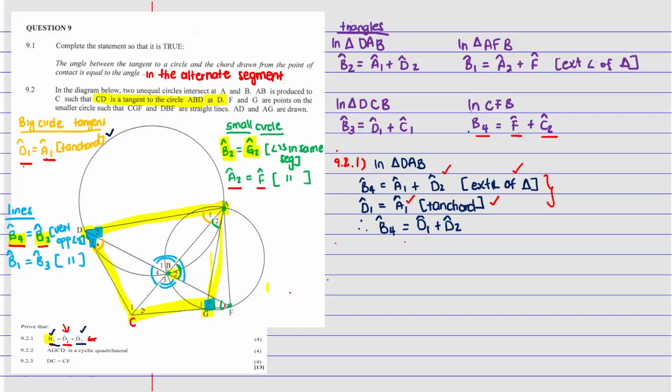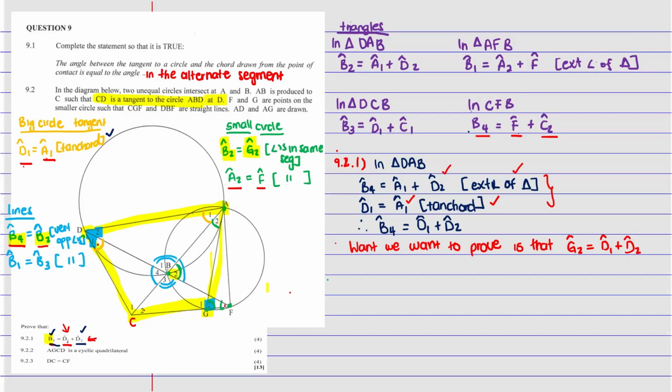In red, what we want to prove is that angle G2 is equal to angle D1 plus D2, and that is the one I've highlighted in blue. Is everyone okay with what we want to prove?